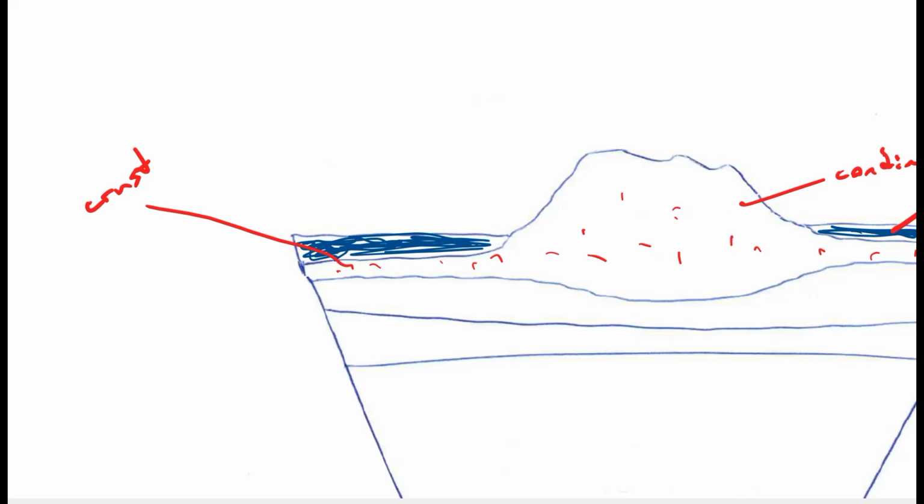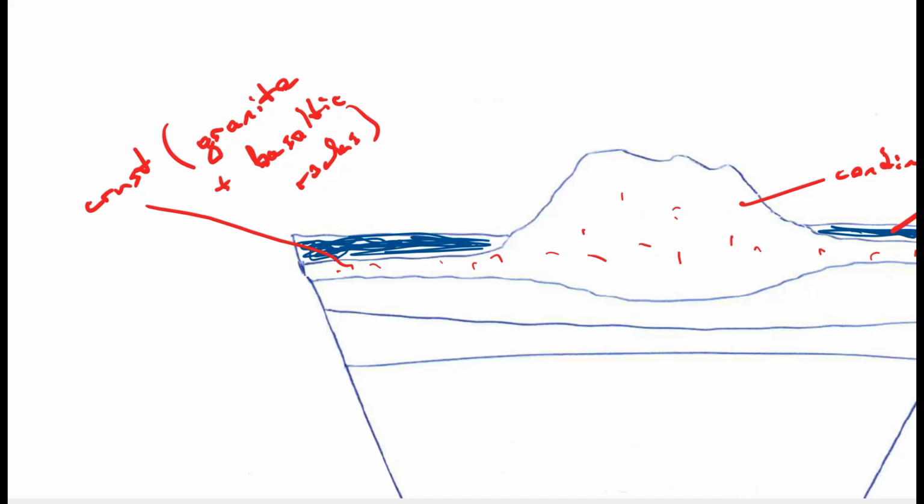Now, what sort of rocks are in the crust? Well, different types of rocks, quite a few types, but the main two are granite and basalt. So the crust is in great proportion granite. Oh, that's an E there. There we go. Granite and basaltic rocks is what the crust is largely composed of.